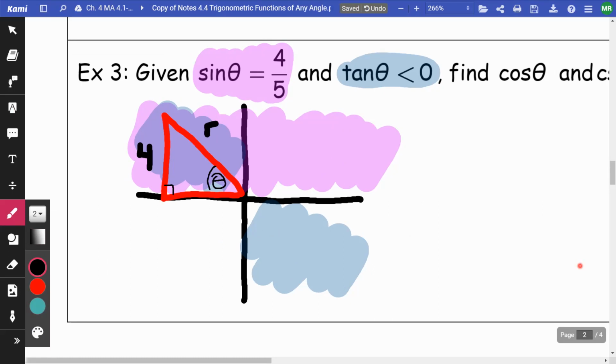So opposite over hypotenuse. Now, I need to find my x here, and I can using Pythagorean, but most of us will recognize this as a 3, 4, 5. Now, this is not going to be 3, it's going to be a -3 because of the quadrant I'm in. I'm on the negative side of the x-axis.